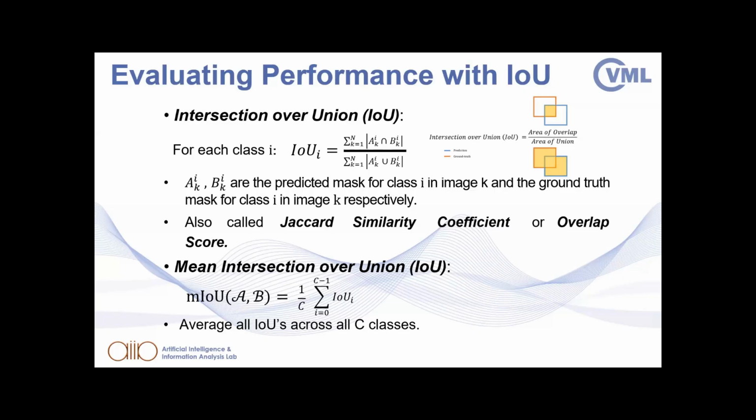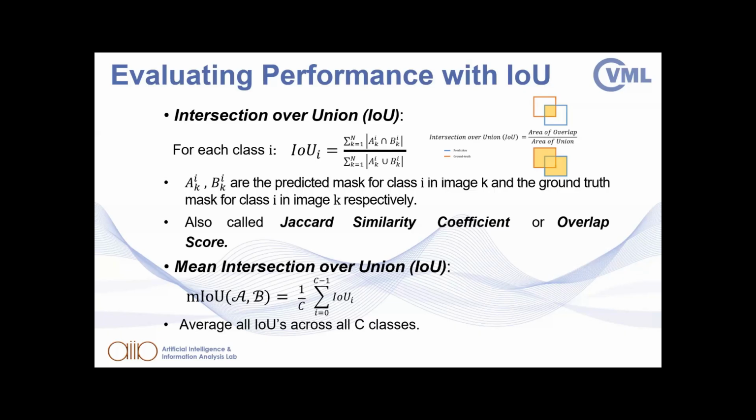As shown in the formula, we calculate IOU for class I by summing the overlap across all images, which is the number of pixels that belong to class I in both the predicted and ground truth masks, and dividing it by the total number of pixels predicted as class I or labeled as class I in the ground truth.